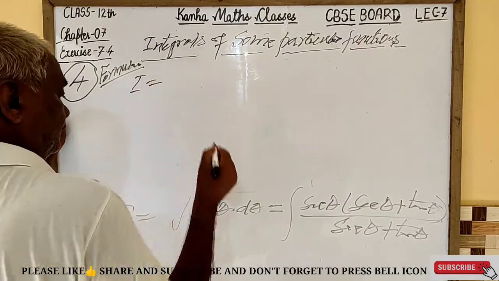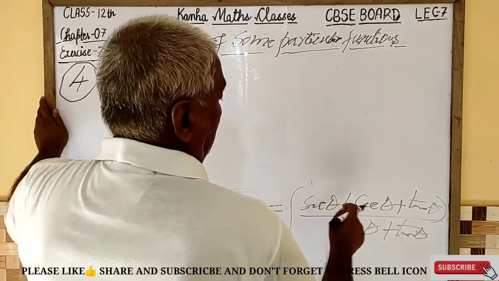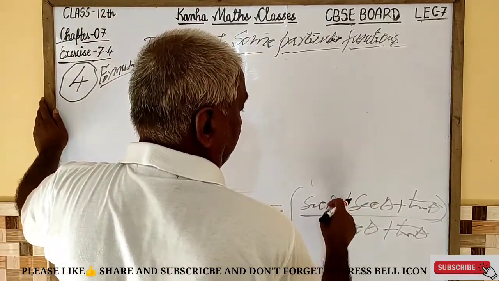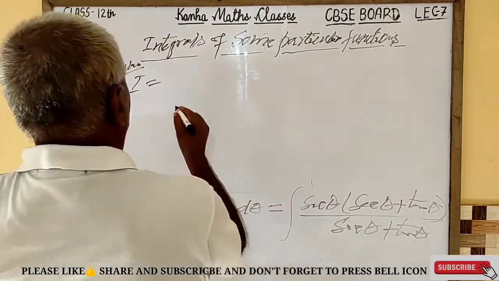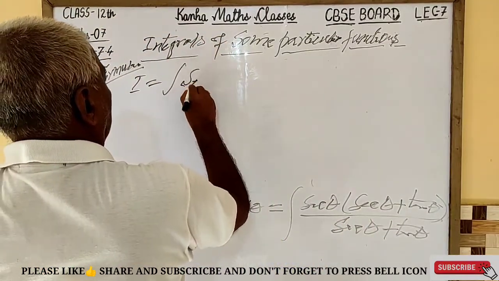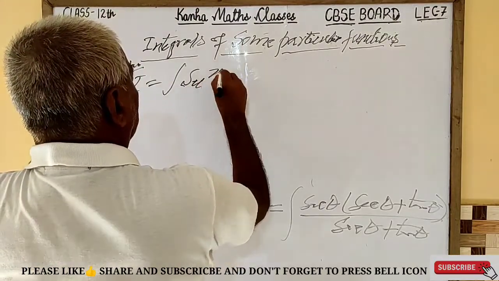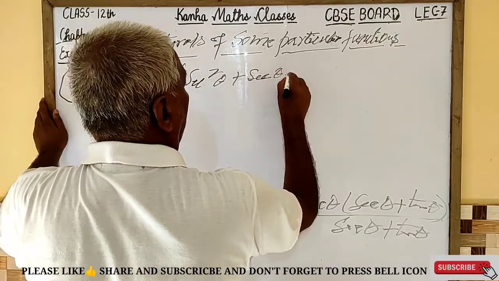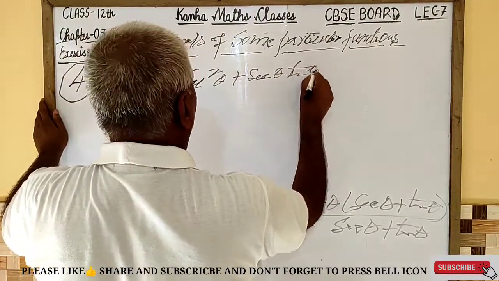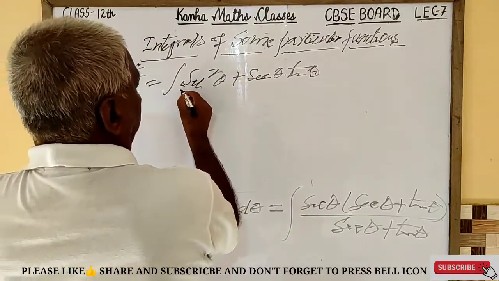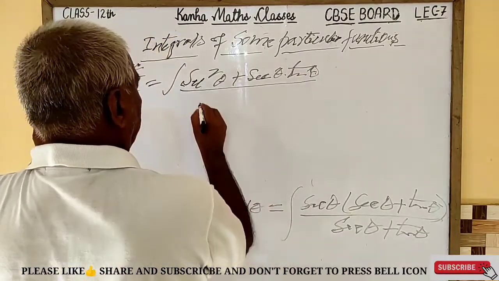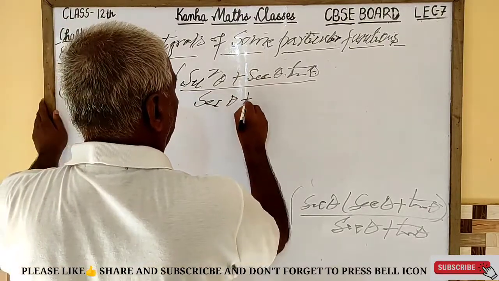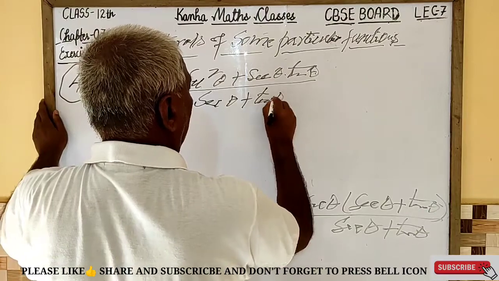I is equal to, we will multiply: sec theta into sec theta gives sec square theta plus sec theta tan theta, and the denominator will be sec theta plus tan theta.